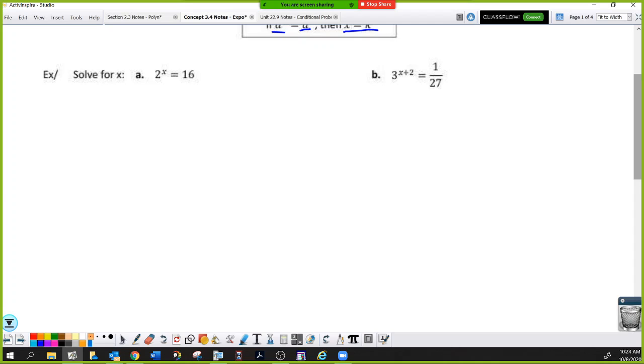So remember, the exponential bases must match. For part A, we have 2 to the x equals 16. Now, I don't just want to say the answer. I want to demonstrate a skill. I need to make both sides have the same exponential base. Luckily, 16 is a base 2 number. 16 is 2 to the 4th.